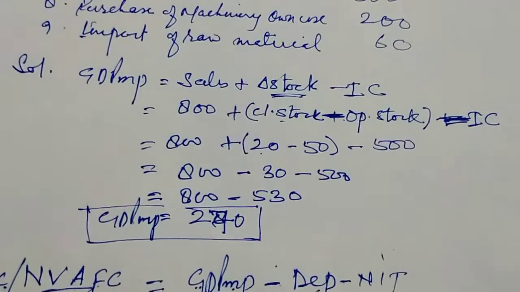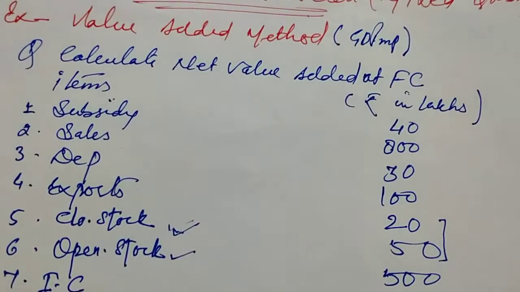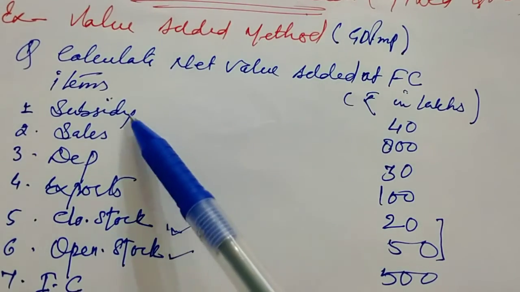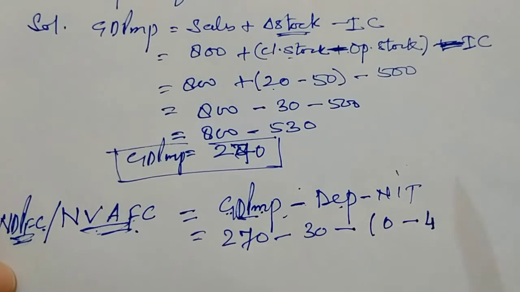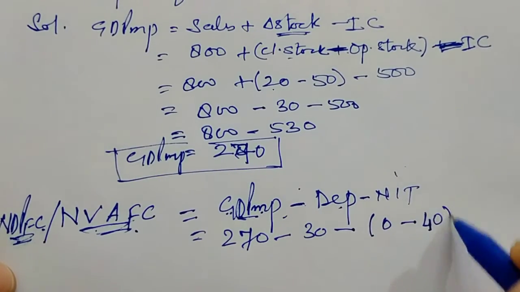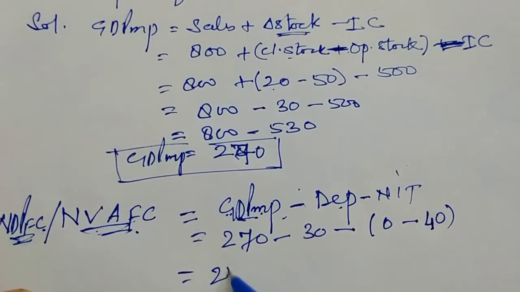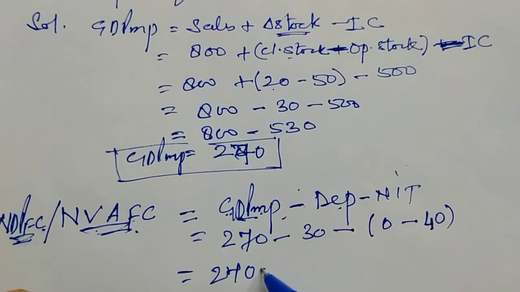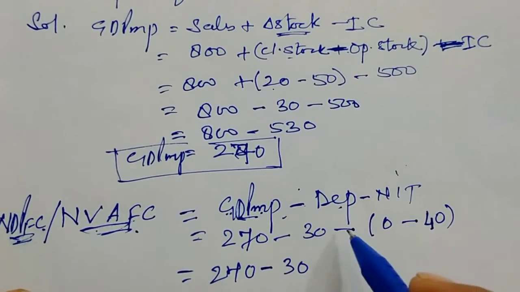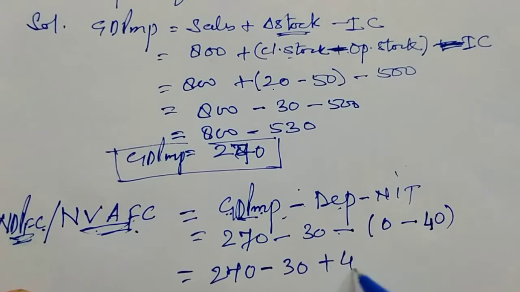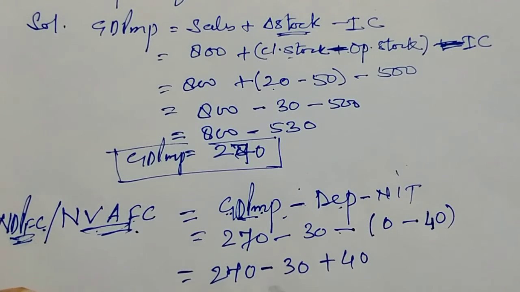Subsidy is 40. When we open the bracket, it's minus 30 plus 40. So our total answer will be 280.